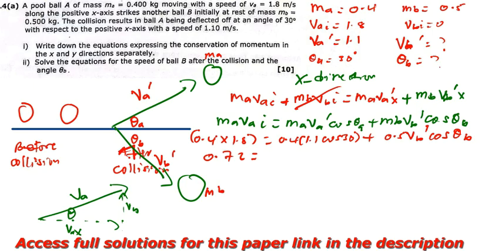Then 0.4 again, first I'll say 1.10 cos 30. The answer I find times 0.4 is 0.381. So 0.381 plus 0.5 VB prime cos theta B.